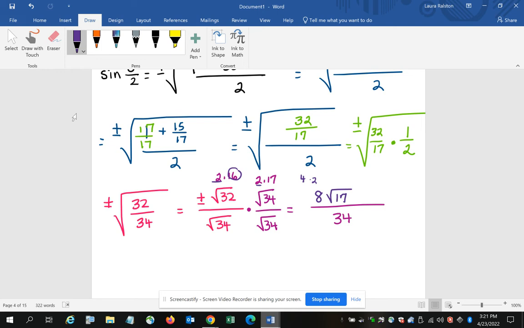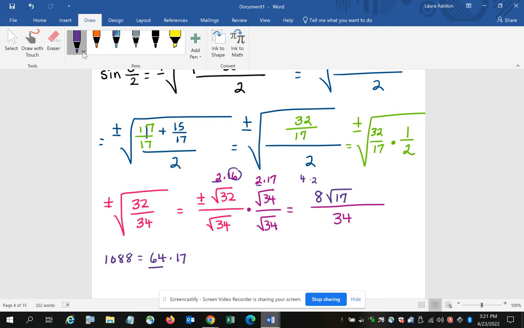Okay, if you want to multiply those two together, 32 times 34 is 1,088. And 1,088 divided by, this would become 64 times 17. 64 is a perfect square, which is 8.